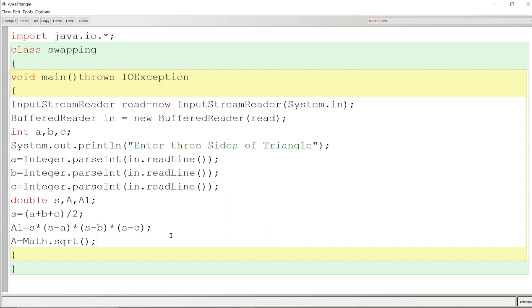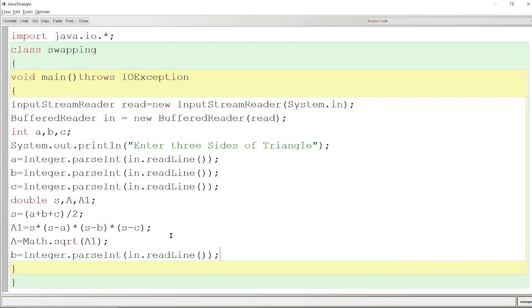Now, what is area? This is the square root of the above calculated part, that is a1. Now, what you have to write is System.out.println, area equals, plus, just give some space.